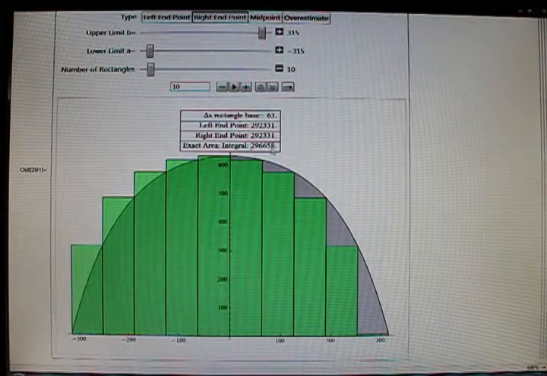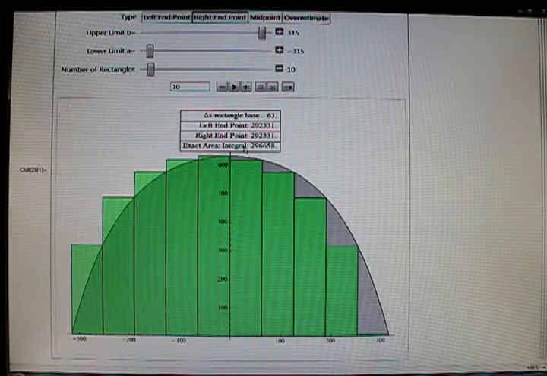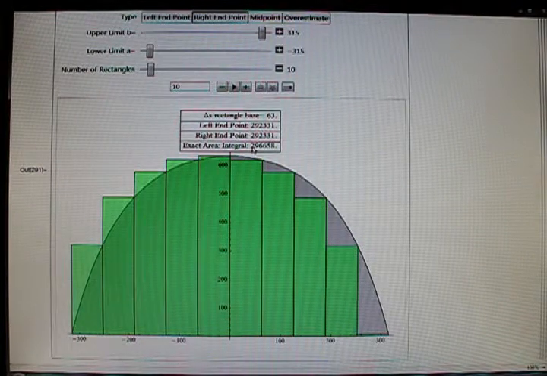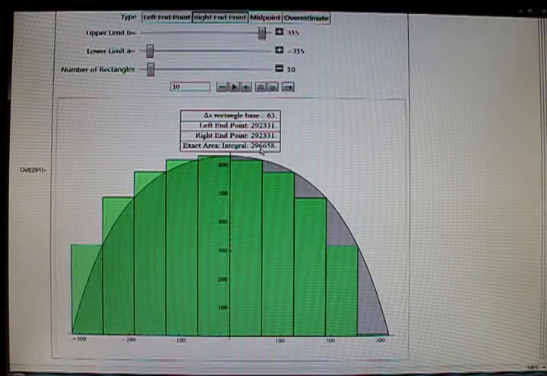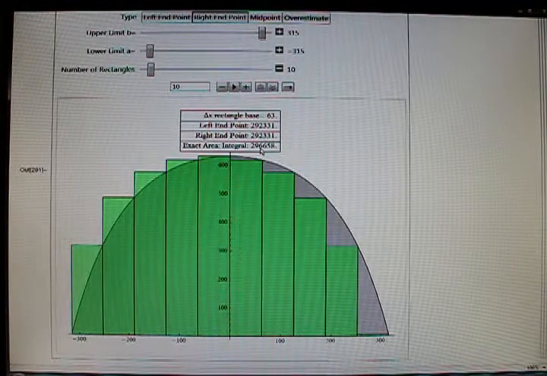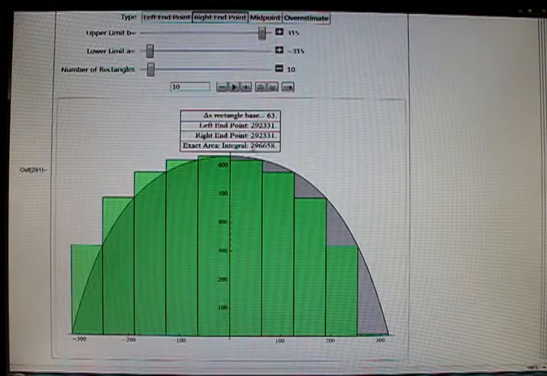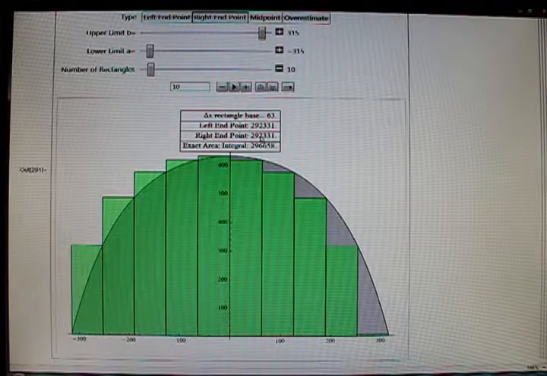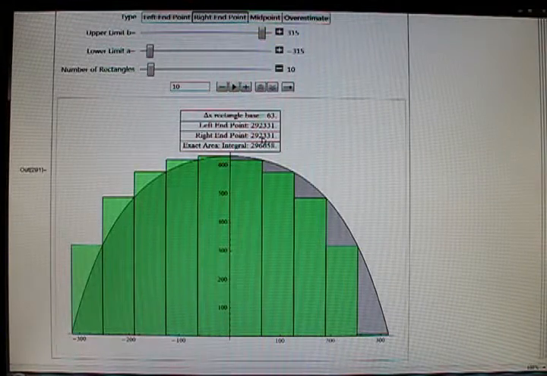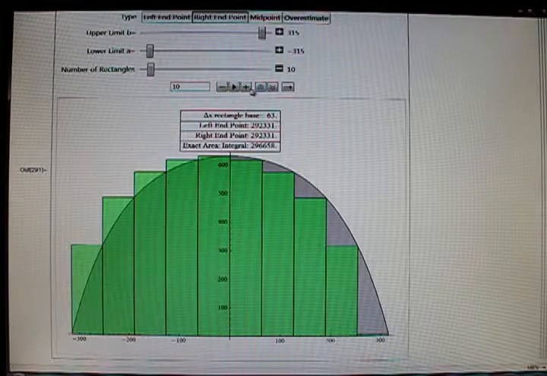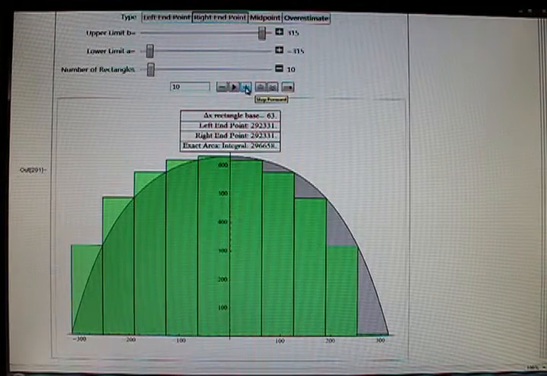The exact area is in the code above, which is the integral of the function. We're looking at 296. So with an estimation of just 10 rectangles, you see how close we got to the actual answer.